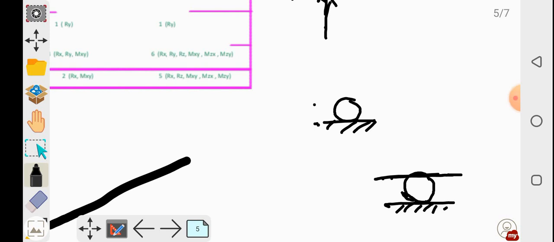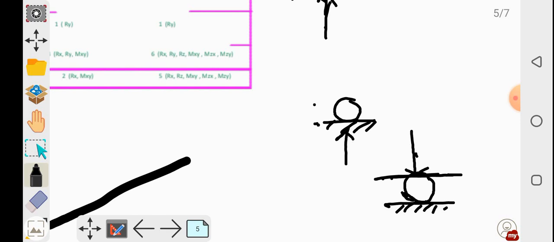From this example, we can see our roller support is not resisting the movement of this support in the horizontal plane, so there will be no horizontal reaction. But in case I apply a load on this plank like this, there will be no displacement in this floor. So our roller support is providing only one reaction, which is in the vertical direction.